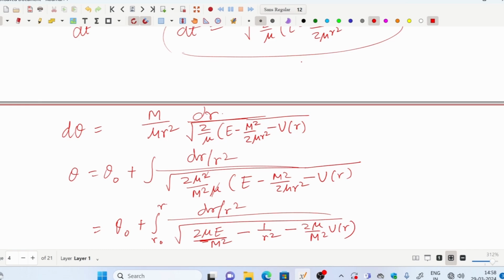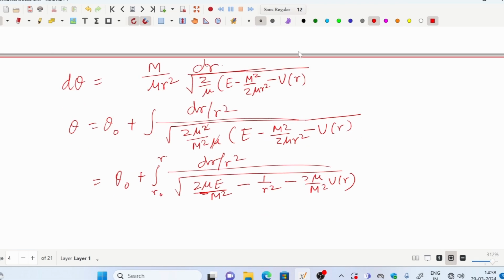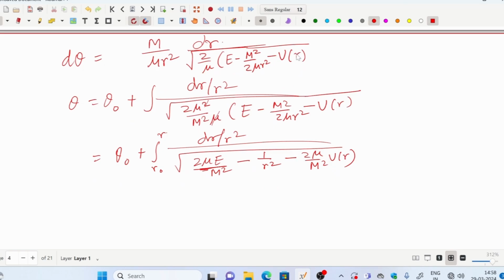Both forms are well accepted, so no problem. This is the form of the integration which we need to integrate when we solve this problem.